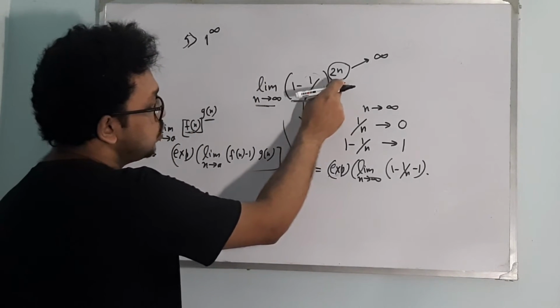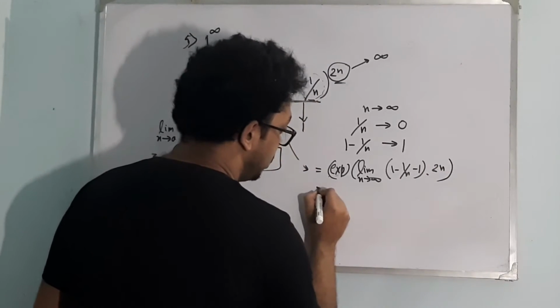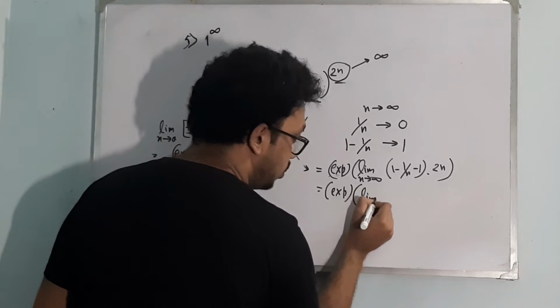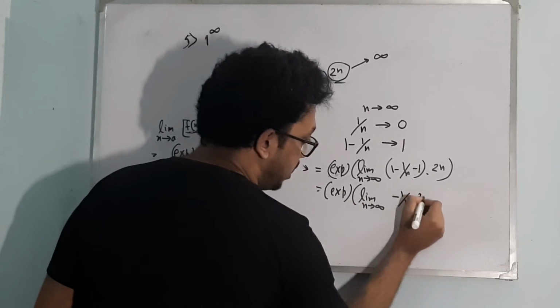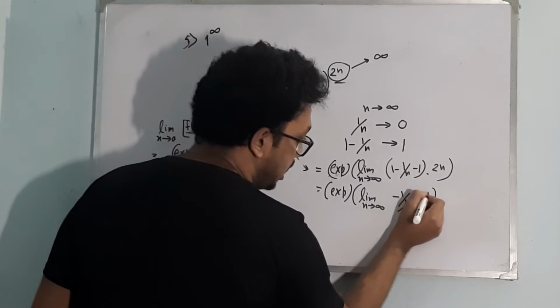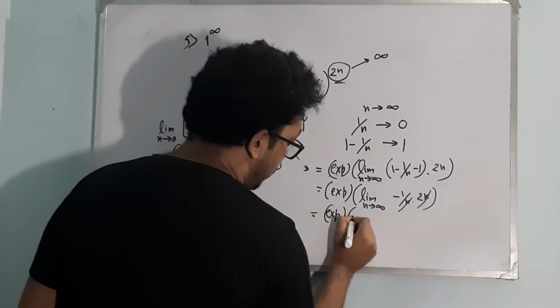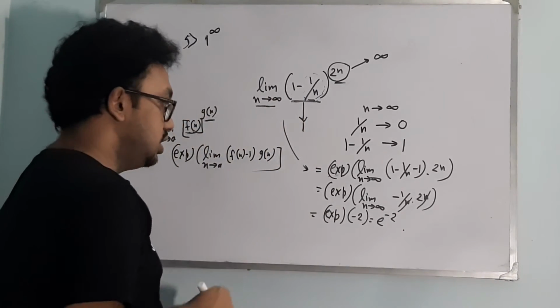Here g(x) is equivalent to this twice n, so into twice n, right? So I will have exponential of limit n tending to infinity of minus 1 by n multiplied by twice n. This n will cancel this n, so you will finally have exponential of minus 2, or e to the power minus 2. So this is the final answer.